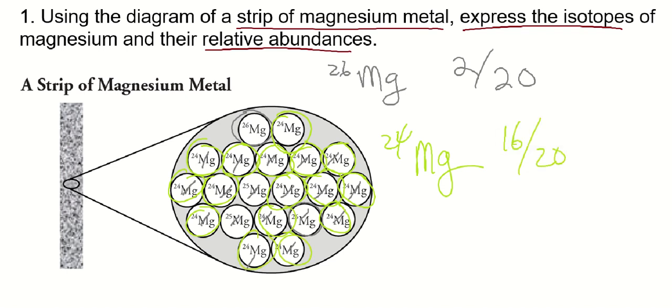16 out of 20. And magnesium 25 is 1 and 2. So those are our 3 isotopes, and there's 2 of them. Then we should add up to 20. We do. All right, the relative abundance, we can punch that in our calculator. This is going to be 10%.